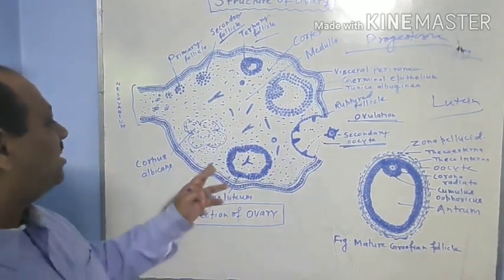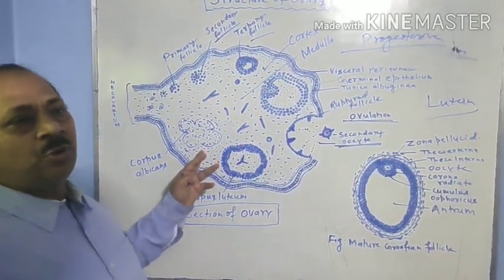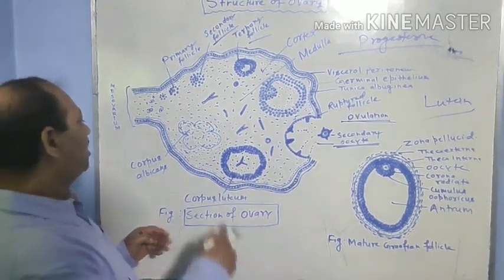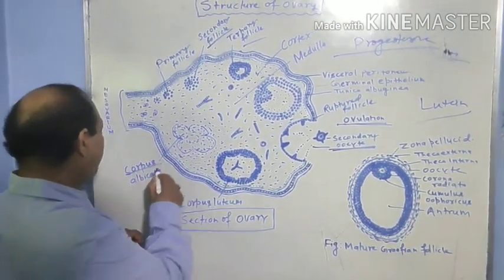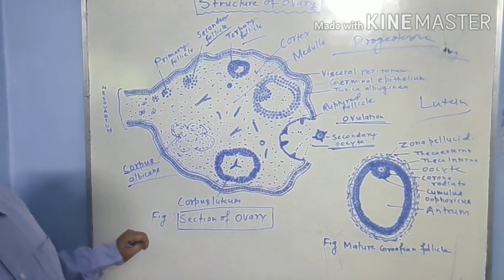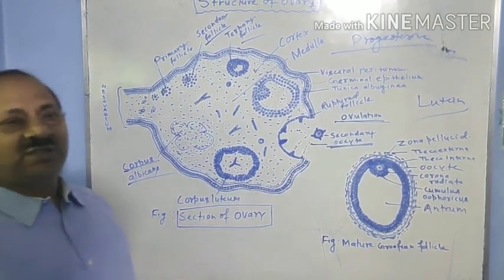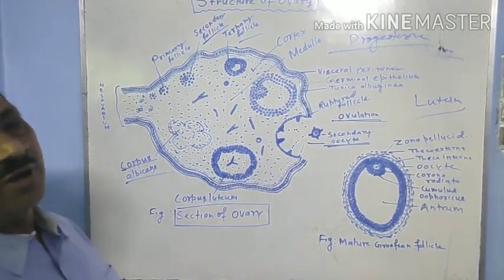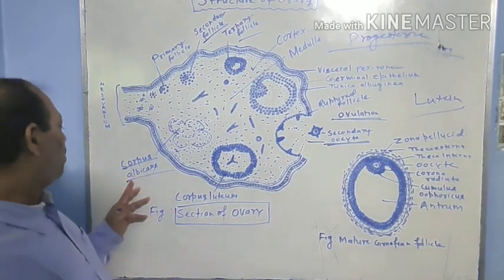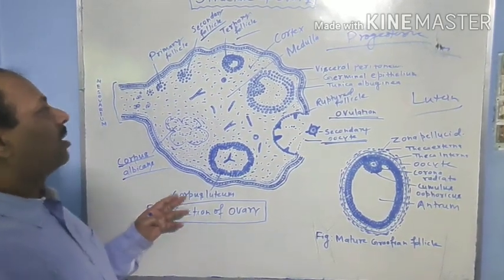The degenerated part of ovarian follicle is known as corpus albicans.